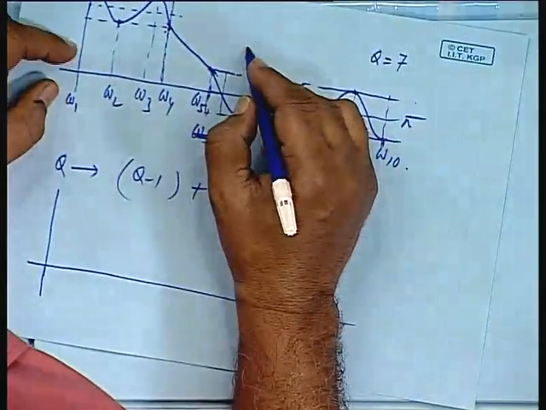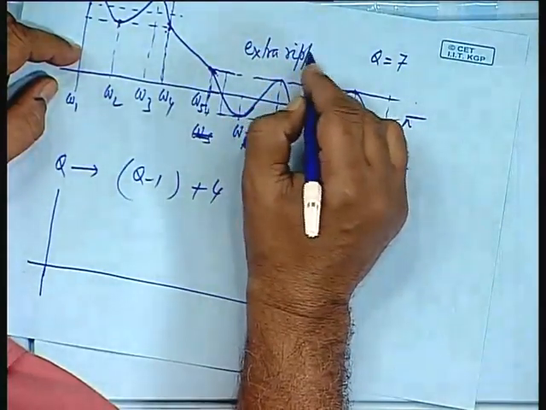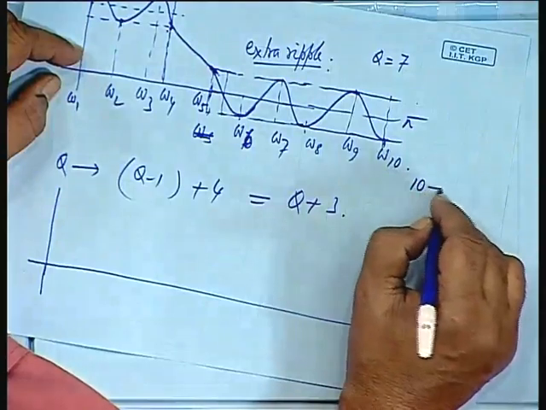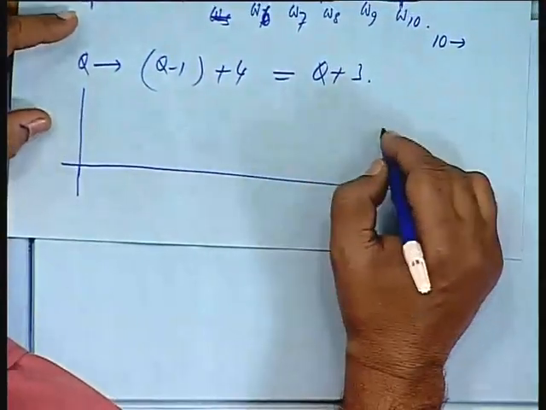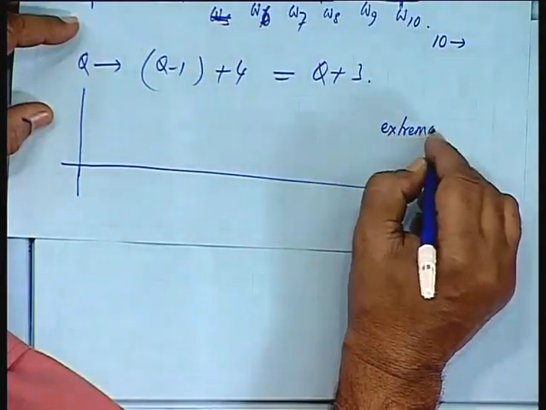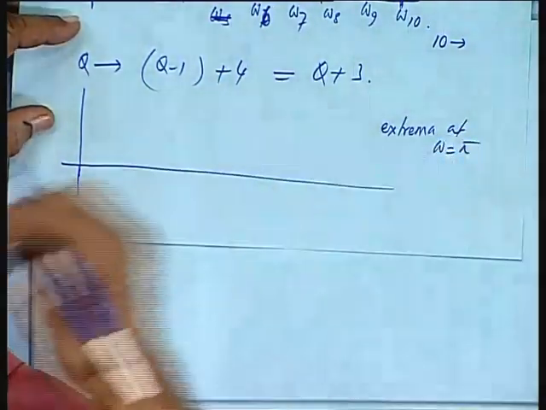This is the extra ripple case, where we have 10 such alternations. You may have extrema at omega equal to pi only.